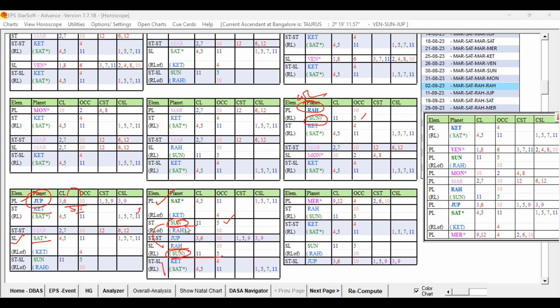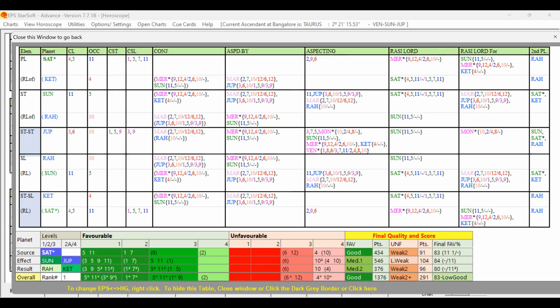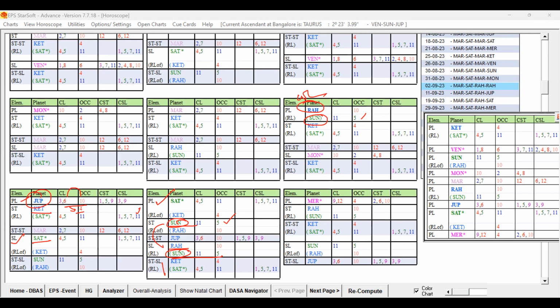Now let us check whether Saturn's EPS table is having any good strength or any weakness, any additional strength. If you look at Saturn, the star level is good, and Saturn is also passing the ruler link.